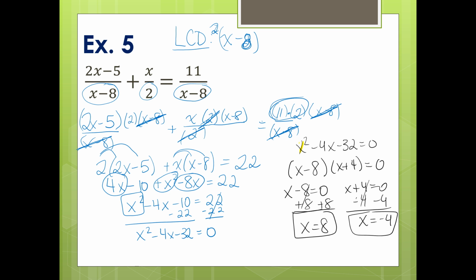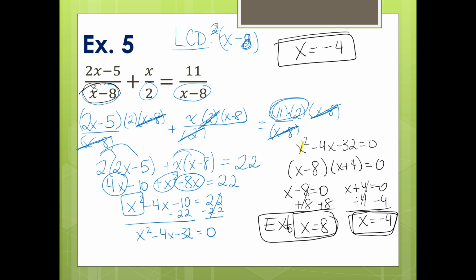So, if we plug 8 in here, 8 minus 8 is 0, and that does not work. So this 8 is extraneous, and the negative 4 works. So your official answer to this problem is x equals negative 4.